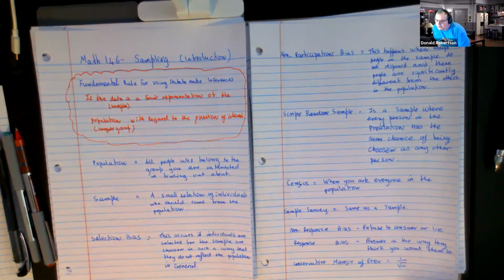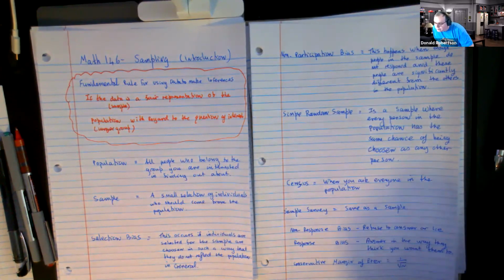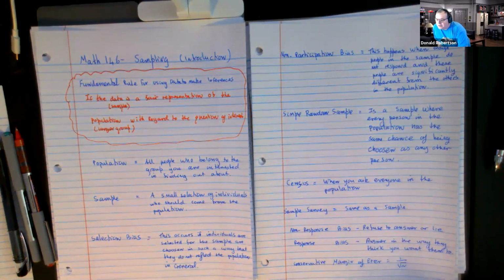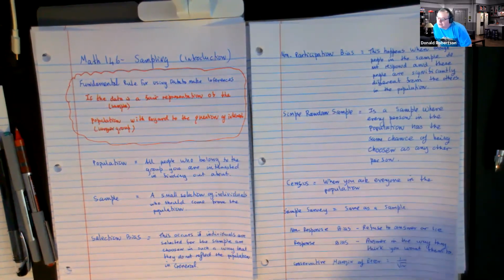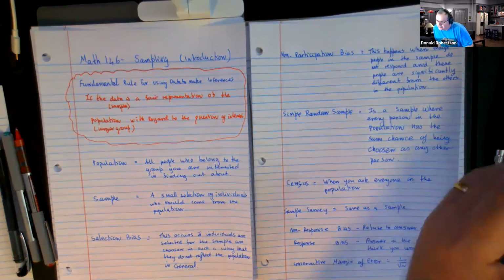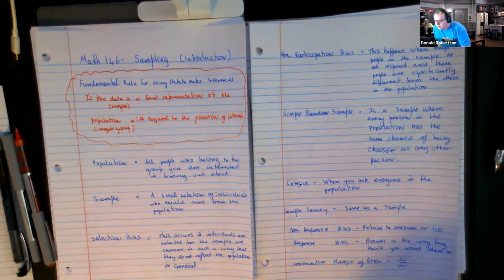If you did a survey on high school students and you were interested in their illegal drug use, can you imagine the non-participation bias you could get out of that? If you still want to know that information, because it's very important to know what drugs young teenagers are taking now, because from year to year and decade to decade that changes, right?